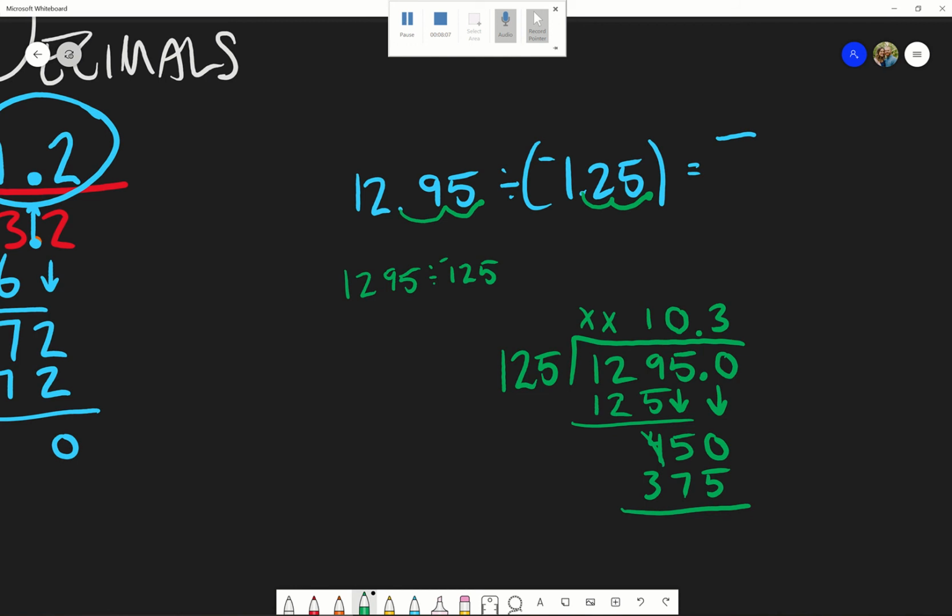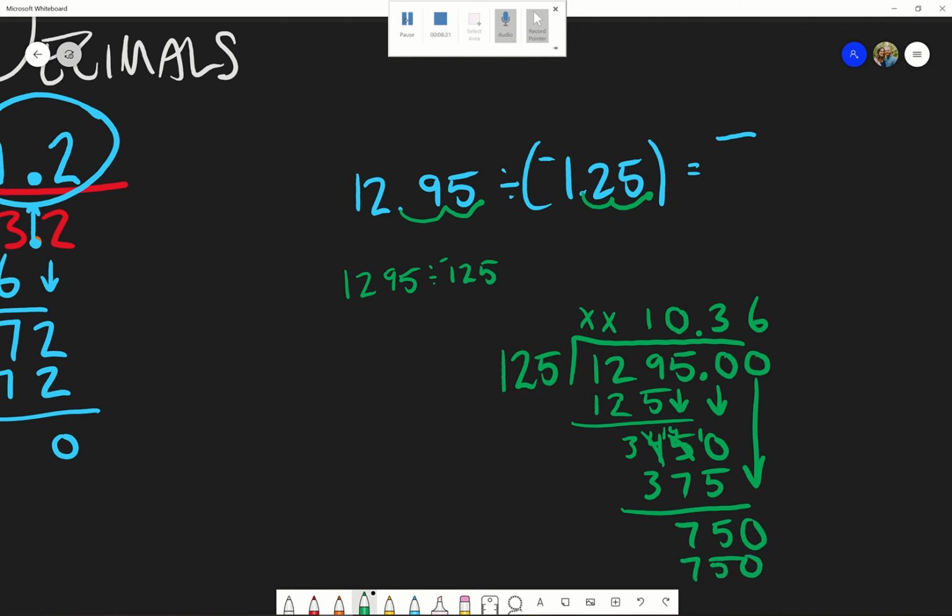what do I got? Borrow 3. Whoops, this should be 4, 10, that's a 5, that's a 14, that's a 7. Gives me a 75. Since I have a remainder, I'm going to add a 0 and bring it down again. 125 goes into 750 6 times. And 125 times 6 is 750.